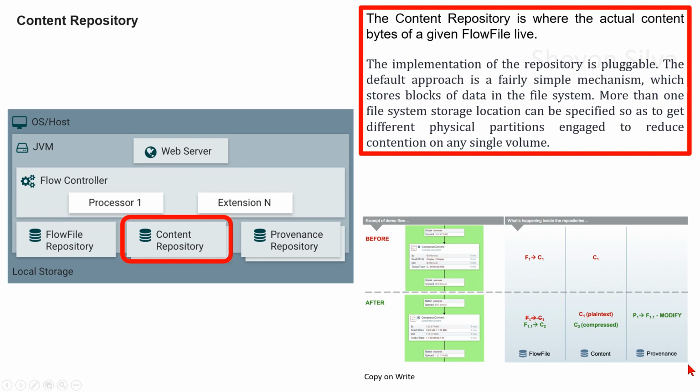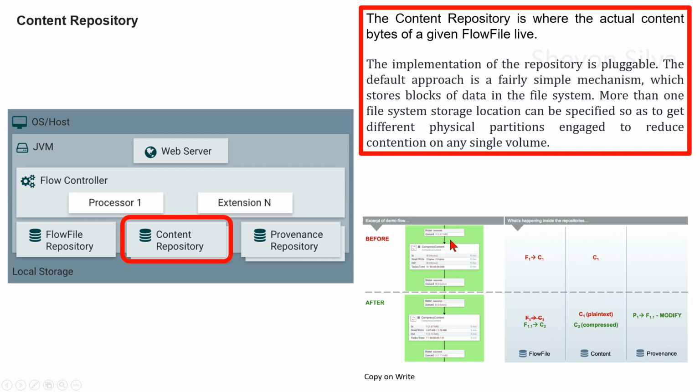For the sake of focusing on the copy on write event, flow file F1's provenance events leading up to this point are omitted here.